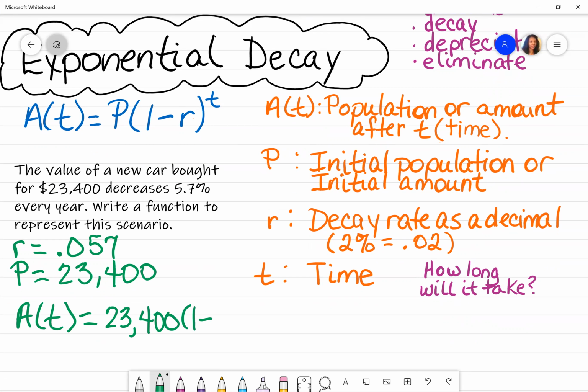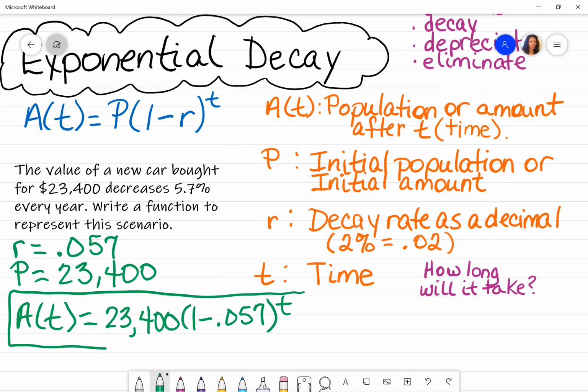And then R is represented by that 5.7%, but I have to write it as a decimal. And then I take that value and I raise it to the T power. So I'm just following my exponential decay function. That's all I'm doing based off of what my directions asked me to do.